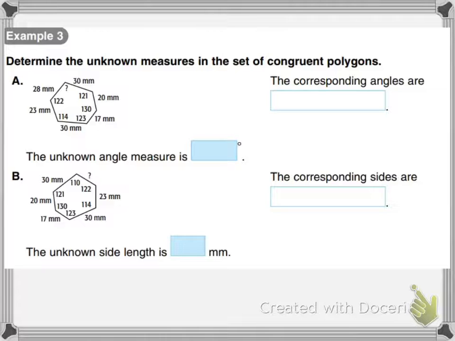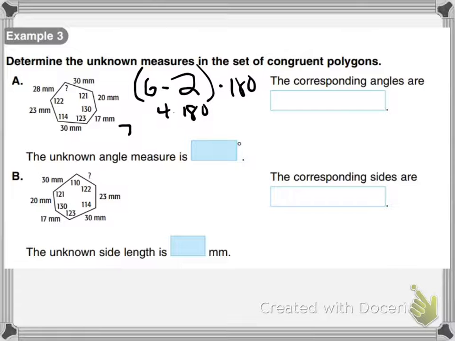Alright, let's restart this one. So we can see that this is a 6-sided figure, right? So we have a hexagon here. So 6 minus 2 times 180, so the sum of these interior angles has to equal 720 degrees. So what you can do, with a calculator, is take 720 degrees and start subtracting the given angles inside.